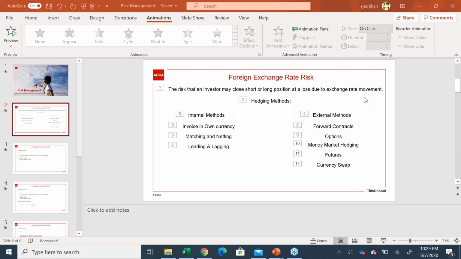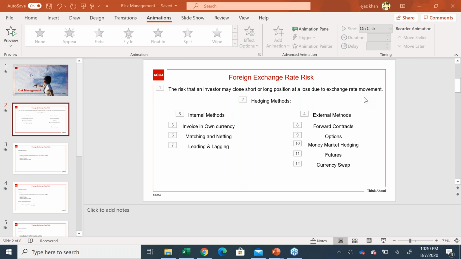So if you were to make that payment today, you needed only 1,000 local currency units. But since you are making this payment in 1 month's time, you have a risk that the foreign currency may appreciate in value against the local currency. It may become expensive.